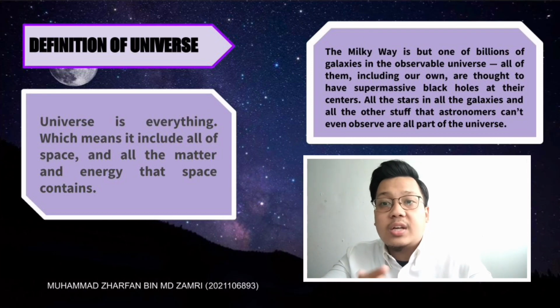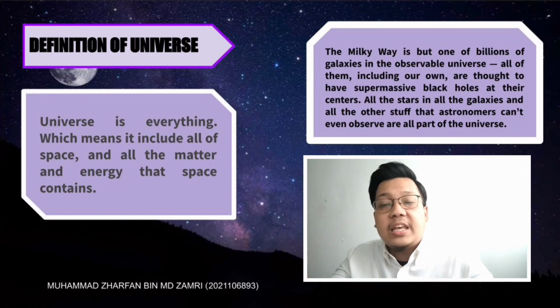Earth and the moon are part of the universe, as are the other planets and their many dozens of moons, along with asteroids and comets. The planets orbit the Sun. The Sun is one among hundreds of billions of stars in the Milky Way galaxy, and most of those stars have their own planets, known as exoplanets. The Milky Way is but one of billions of galaxies in the observable universe.